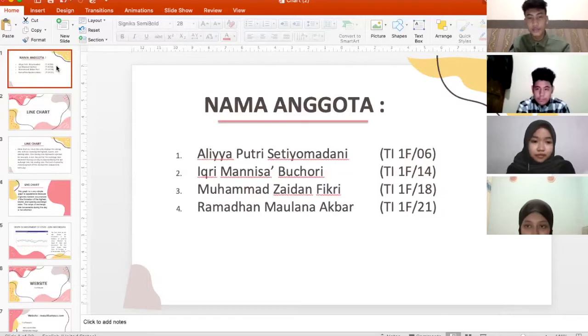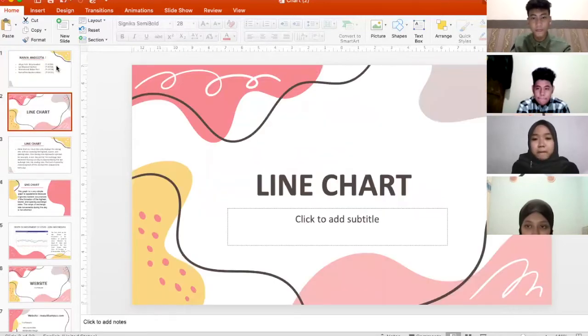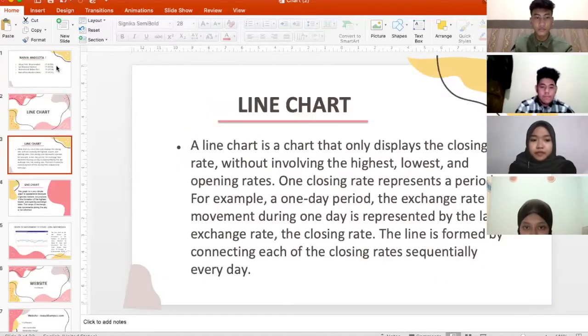The first presentation is Alias. The first chart is the line chart. A line chart is a chart that only displays the closing rate without involving the highest, lowest, and opening rates.